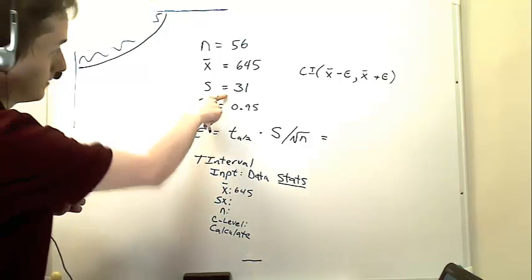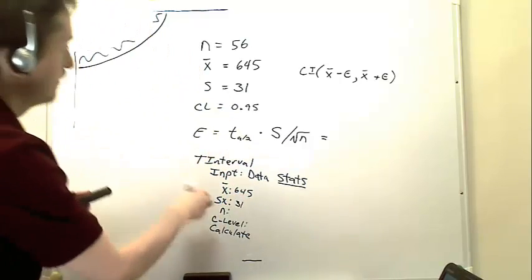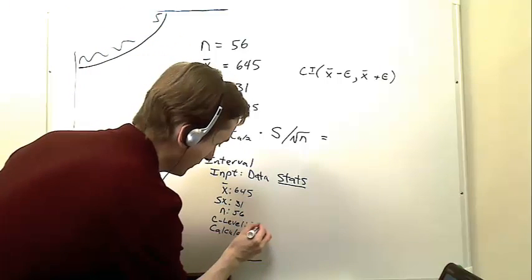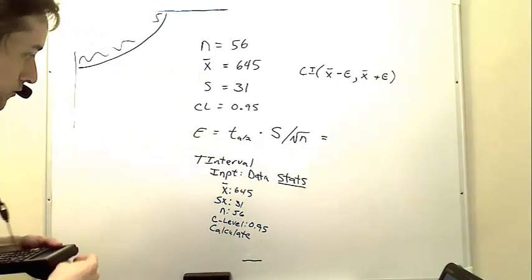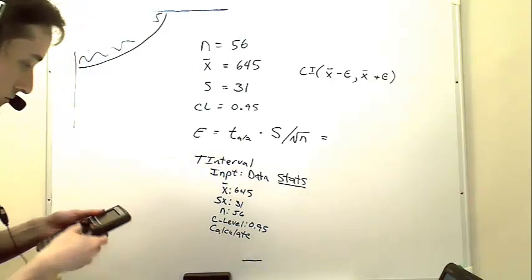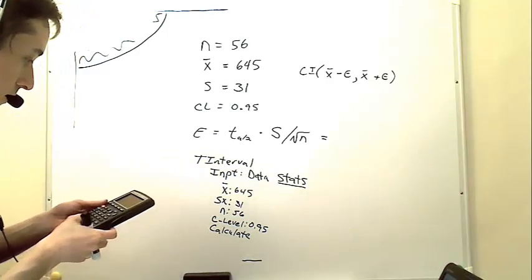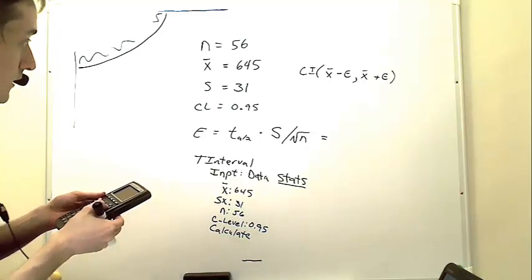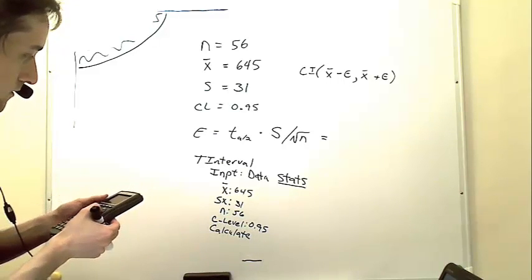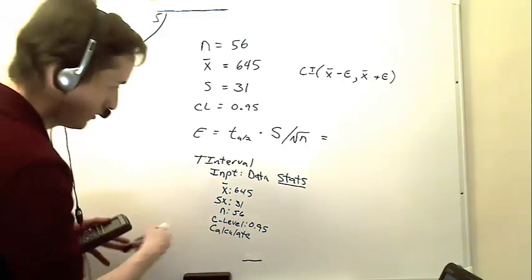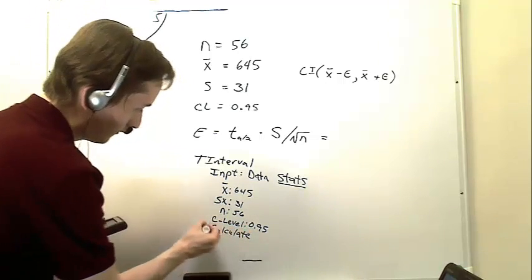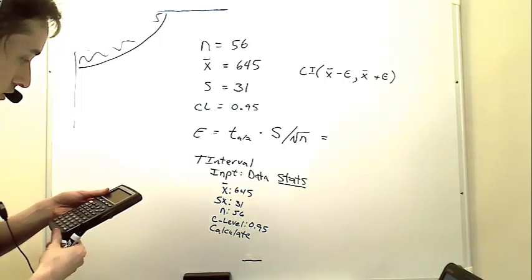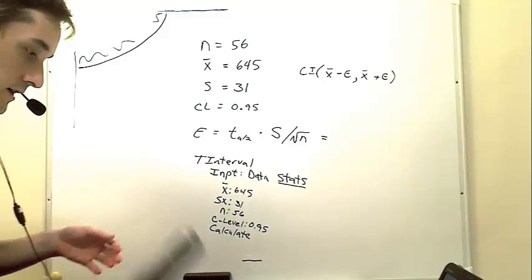S sub x is this one, we'll put 31. And then n is 56. C-level is 0.95. Let me go ahead and do that: 645, 31, 56, and then 95 is our confidence level. Then you use the arrow buttons to highlight calculate, get that to be flashing, and hit the enter button, and it should calculate your interval.